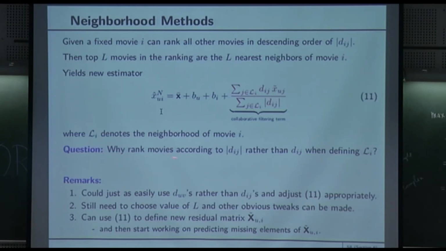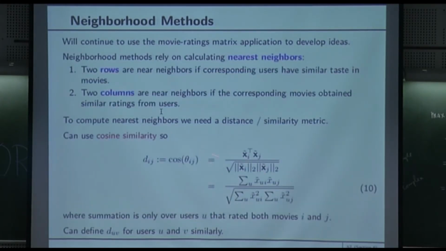So why do you want to rank movies according to the absolute value of D_ij rather than D_ij when you're estimating this quantity? Let's go back a little bit. If you look at this angle cosine, if the angle is between minus 90 degrees and plus 90 degrees, you'll get a number which is positive.